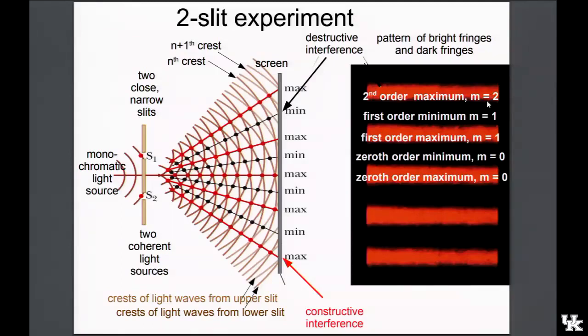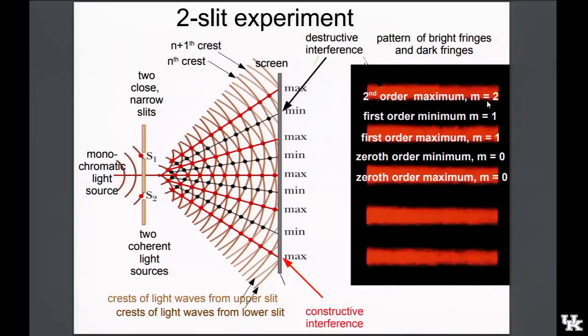So it's just a sketch of, look, I'm hypothesizing I've got light waves coming out of the bottom and the top slit, and those light waves have a certain wavelength, they have crests and troughs, and I'm just going to draw all the crests. And so I've got this pattern of crests that flows across this region here out of the top slit and flows across this region out of the bottom slit, and those are going to interfere.